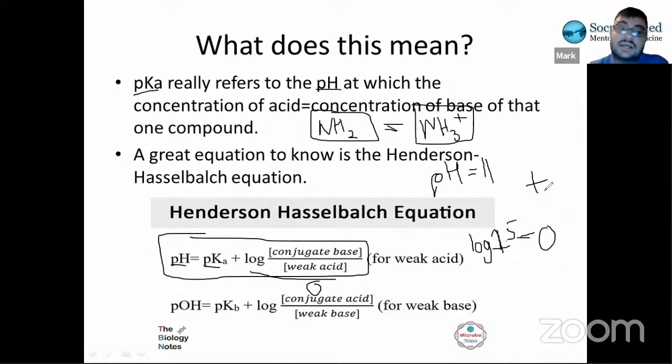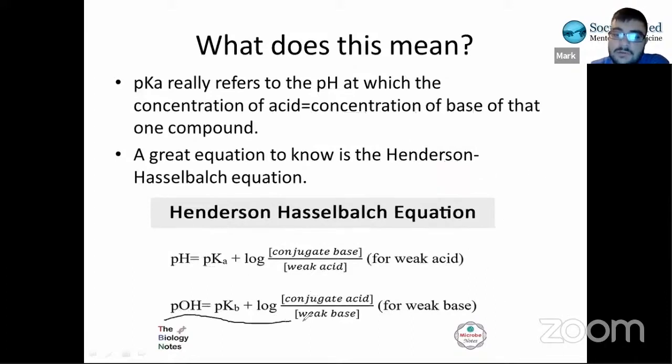So the pH is slightly higher than the pKa, and that makes sense because there's more base than acid. Whereas if you had more acid, it would be like log 0.8. Log of a decimal less than 1 is negative. So it would be pH equals pKa minus a number.